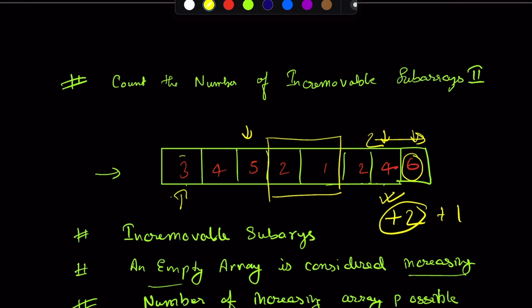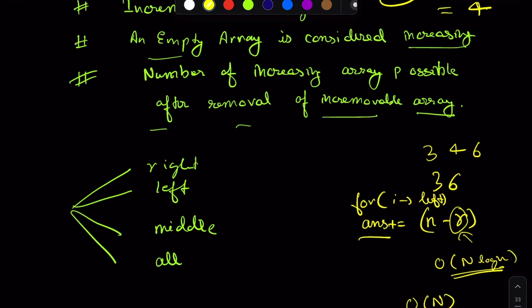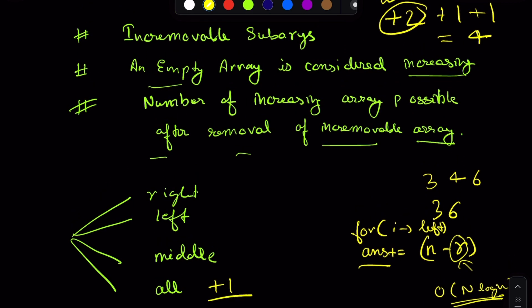We will check if this is increasing, that is, more than 5. The answer is yes, so we will add 1. So basically we will have 4 plus 4 as our answer when we remove elements from the middle. And if we remove all, then we can just add plus 1 to our answer.